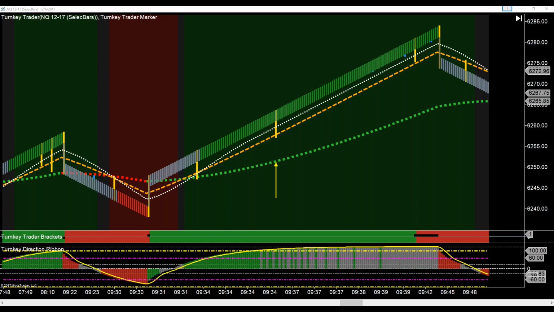All right, so I think this is mainly just asking about the different colors of the bars.